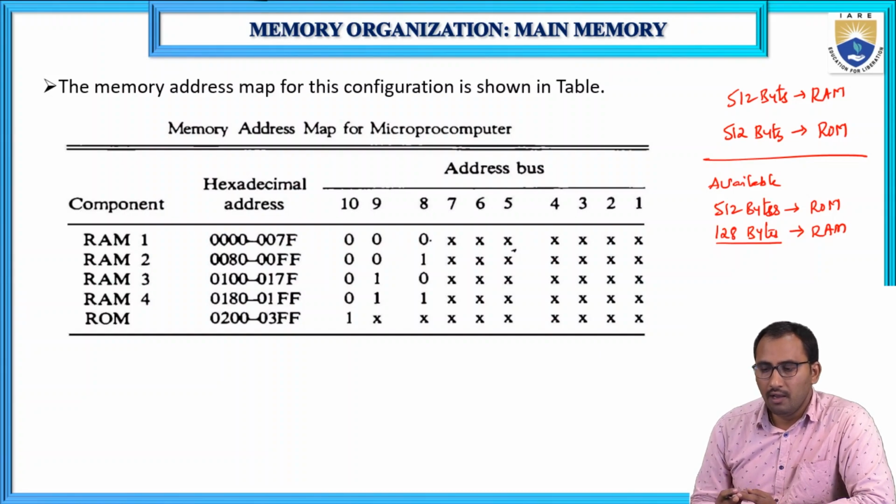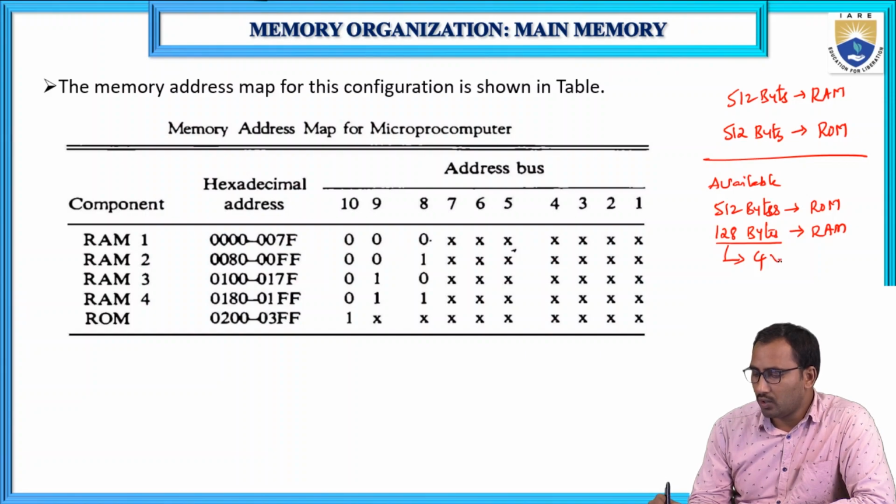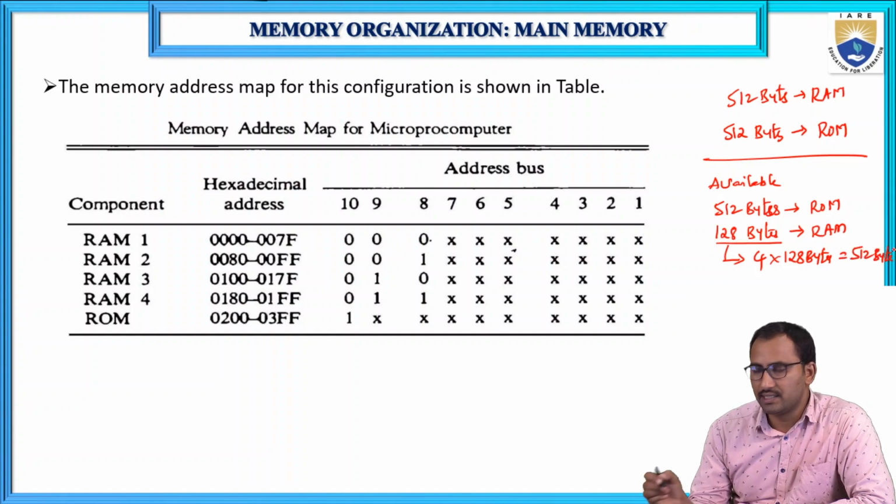So with 128 bytes of RAM, if you want to form 512 bytes of RAM, how many RAM chips are required? We require 4 chips: 4 into 128 bytes is equal to 512 bytes.